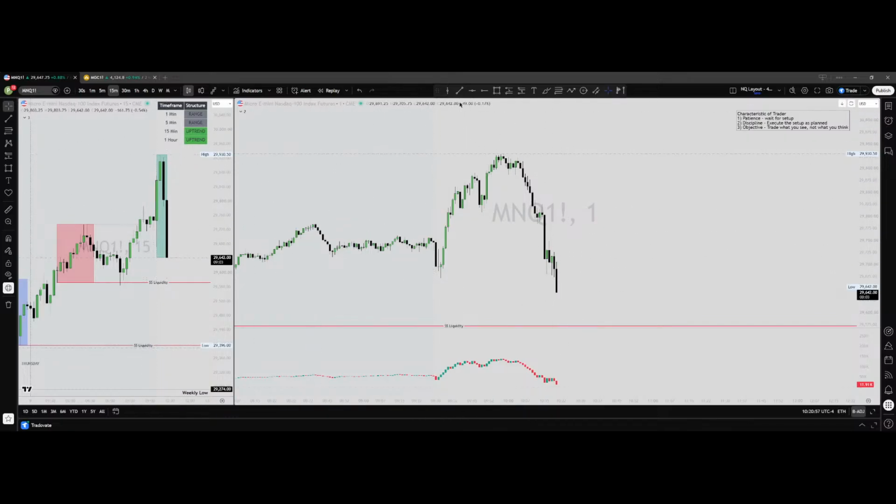In fact, there's one thing. Watch this. This is the draw on liquidity for bulls. Why?